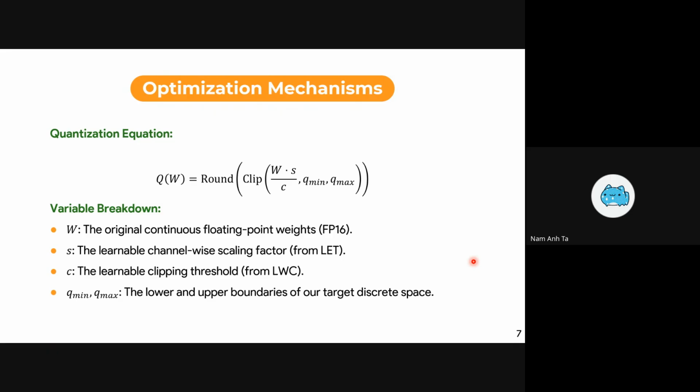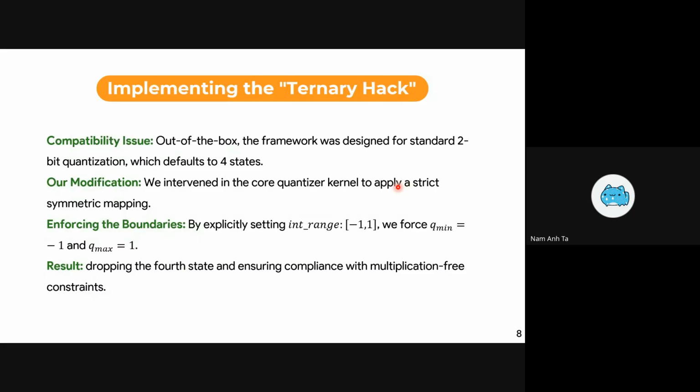And this is the quantization equation. It's actually pretty simple. The W here is the original 16-bit floating point weights. You multiply it by the S term, which is the scaling factor, and divide it by the C value. And then you will need the Qmin and the Qmax. The Qmin and the Qmax are predetermined.